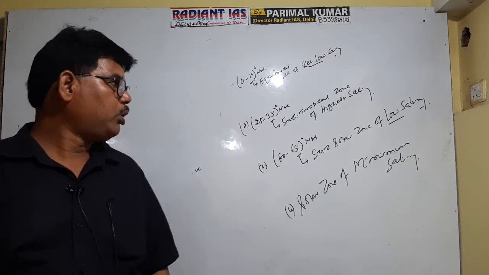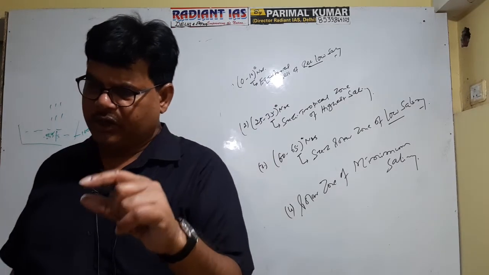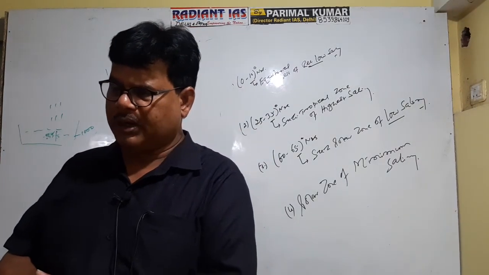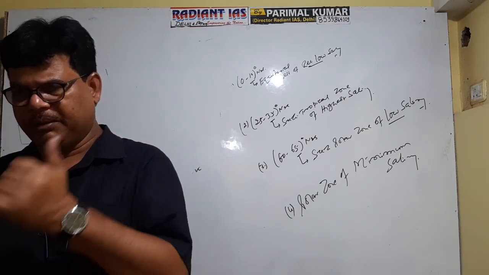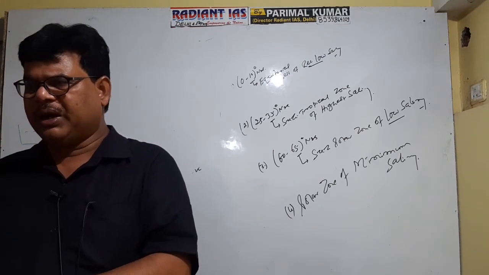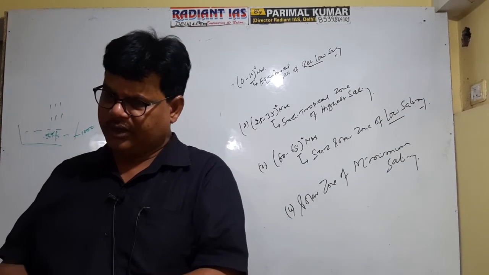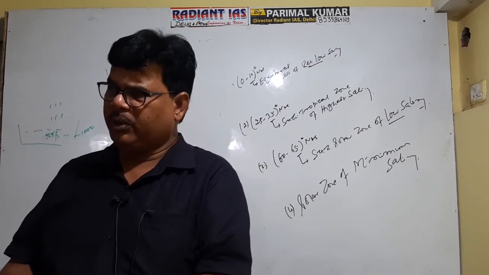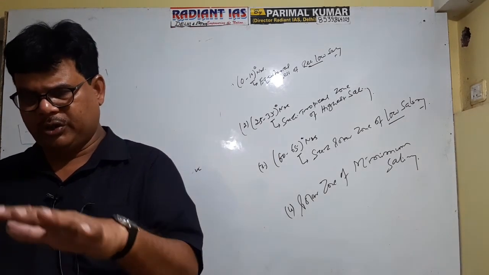Third is the subpolar zone. Because 20 to 25 degree latitude is the subtropical high pressure belt. Here there occurs subsidence of air. Because of the subsidence of air, anticyclonic condition prevails, and anticyclonic condition does not permit rainfall to occur. That's why rainfall in this zone is low.